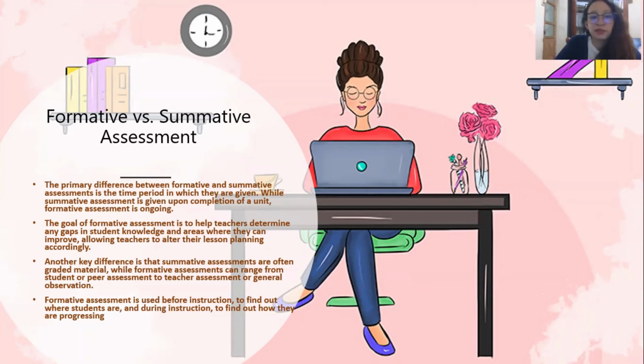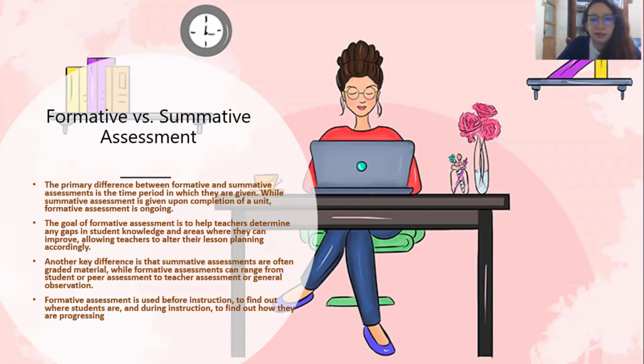Another key difference is that summative assessments are often graded material, while formative assessment can range from student or peer assessment to teacher assessment or general observation. In the same way, formative assessment is used before instruction to find out where students are, and during instruction to find out how they are progressing.